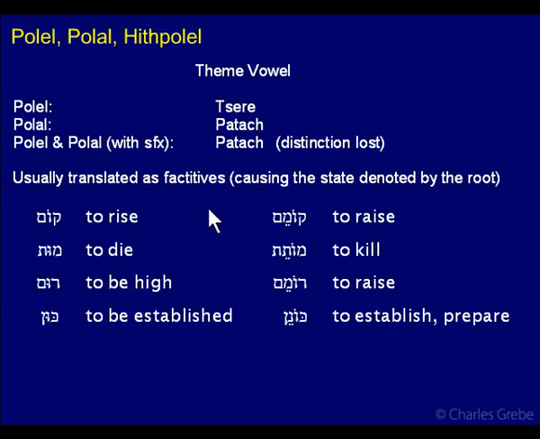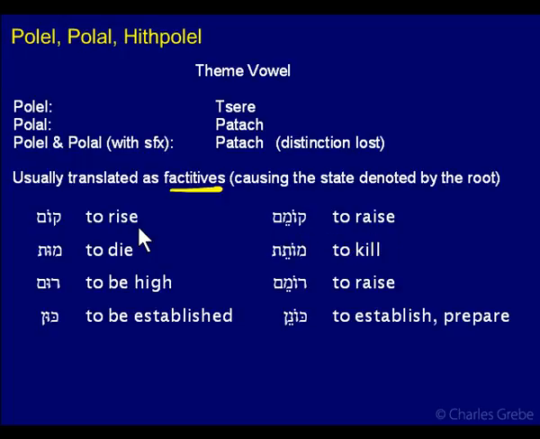Now, in terms of translation, they're usually translated as factitives, which is a factitive is it causes the state denoted by the root. Okay, so if you have a word like kom, in the kal it means to rise. In the polel, if it's a factitive, which it is, komeim, it means to raise.